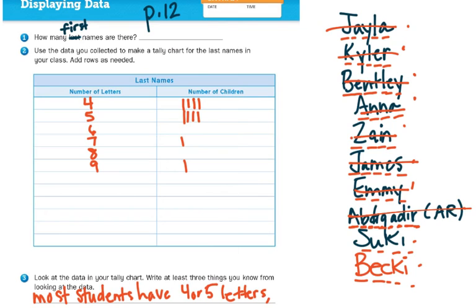What else can you tell? No one has 6 or 8 letters. I also could say the longest name is 9 letters.